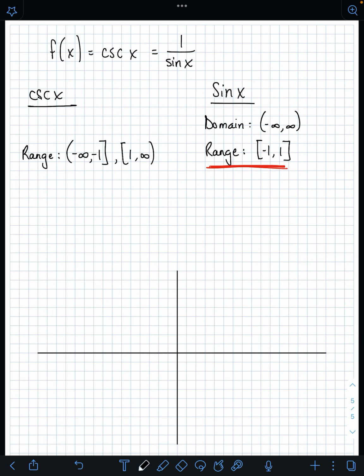So we need to keep something in mind here, that there are points like sine of 0 is equal to 0, or sine of pi is equal to 0, etc. And at each of these places, if sine is 0, the reciprocal is therefore undefined.